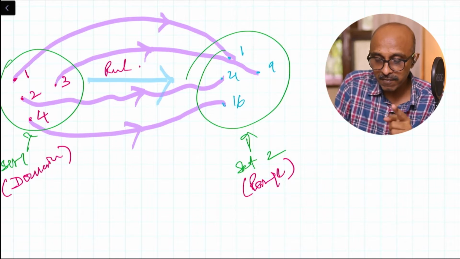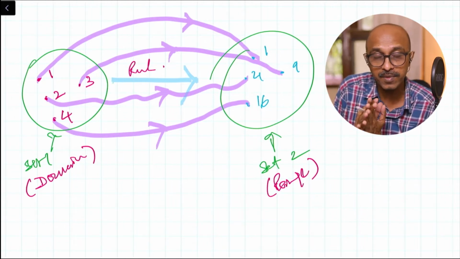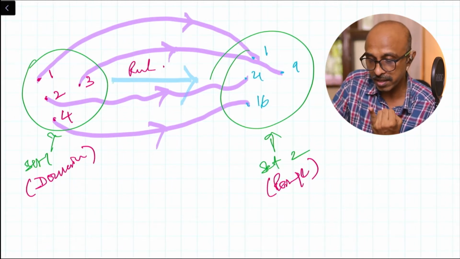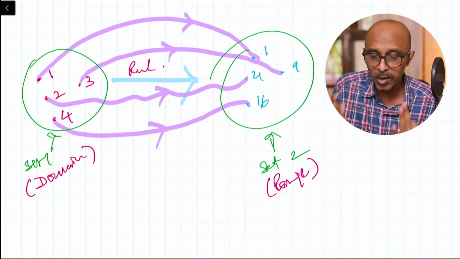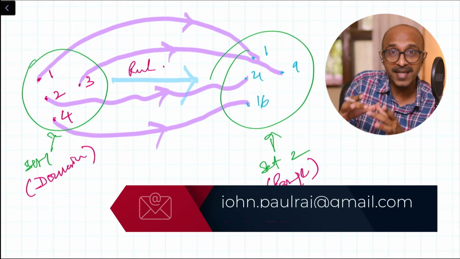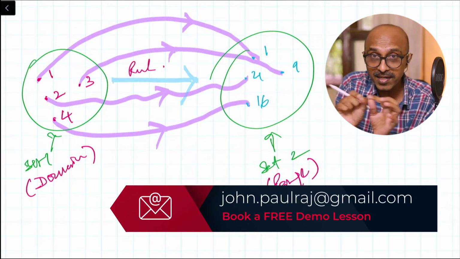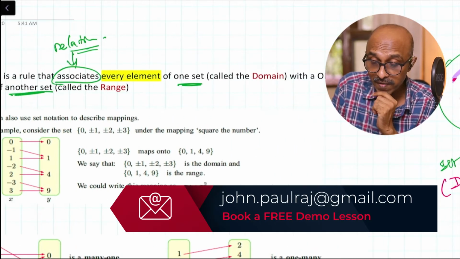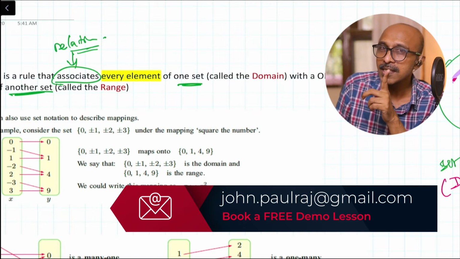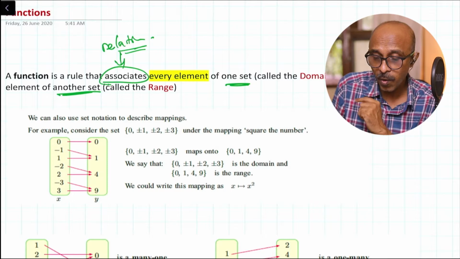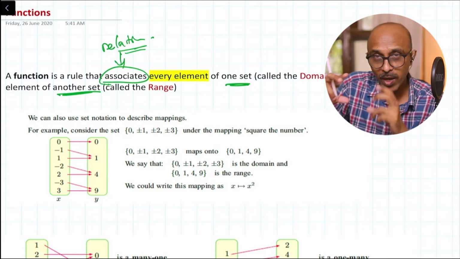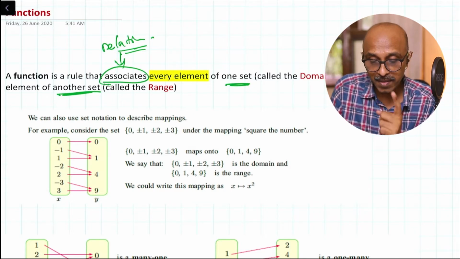Have we included every element of the domain? 1 is connected, 2 is connected, 3 is connected, 4 is connected, and there were only 4 elements there. Because I've highlighted that, it's an important aspect of the definition. With one element, which I've written in bold, of another set.